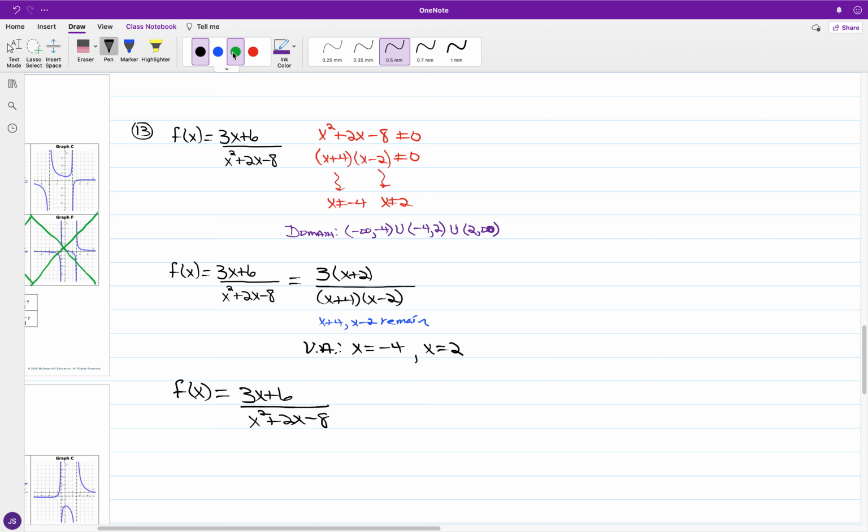Looking at the degrees, for 3x, the x in 3x being the highest order term in the numerator, the degree is going to be 1. And then we have x squared as the highest order term, so m is equal to 2. And we have that n is less than m.